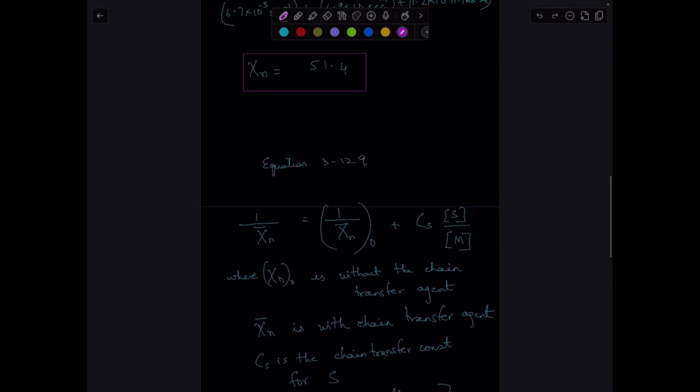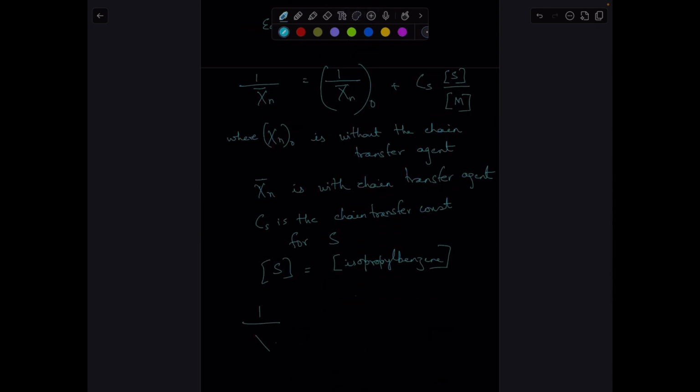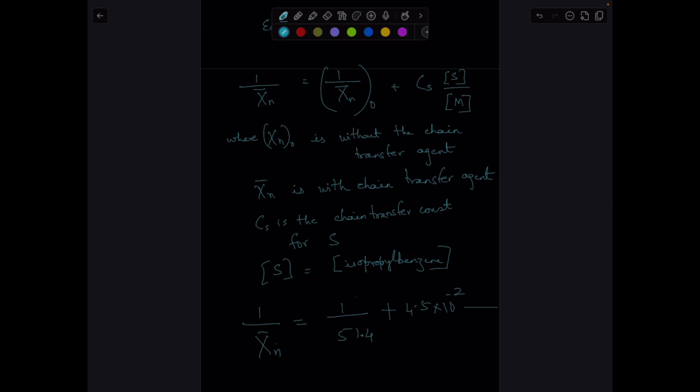We got 51.4, so we can use that. 1 over Xn bar equals 1 over 51.4 plus Cs, which is given as 4.5 times 10 to the negative 2, times concentration of S, 8.0 times 10 to the negative 5 molar, over concentration of monomer, 2.0 molar.